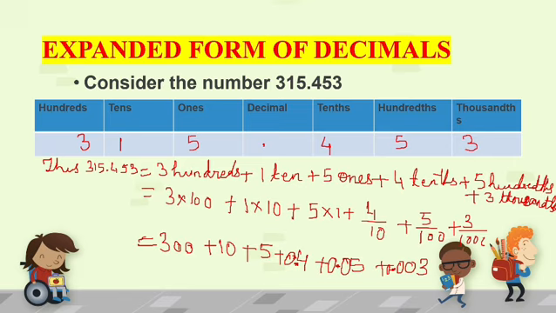So place value of 3 is 300, 1 is 10, 5 is ones, decimal place value here 4, so 0.4, in hundredth place 5 is there, so 0.05, and then 3 is in thousandth place, so 0.003.